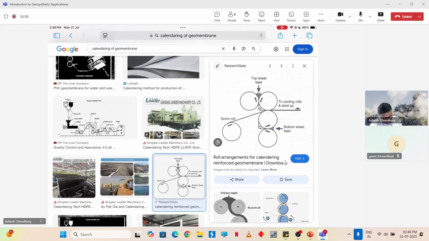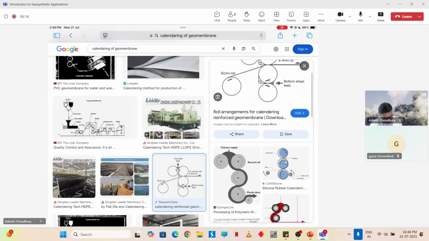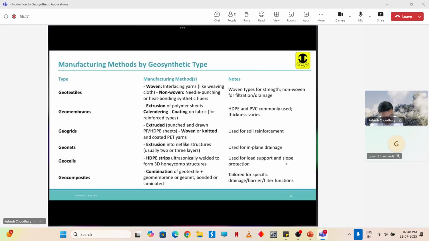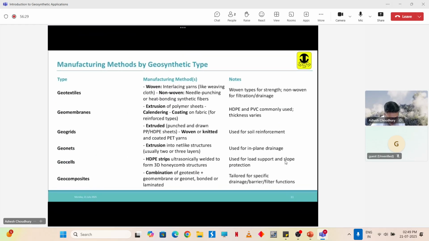You feed the material like this, then it passes through the rollers. You supply the polymer, it heats up, and then it is formed into sheets. Later it can also be coated. Everything is given in detail in the book. Please go through it.